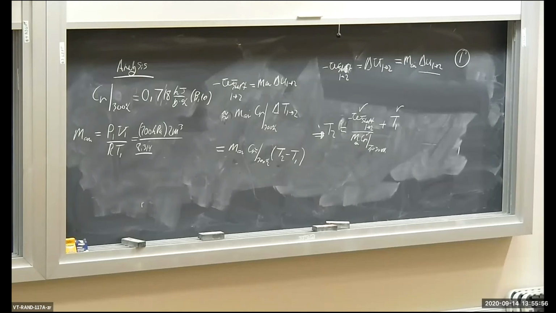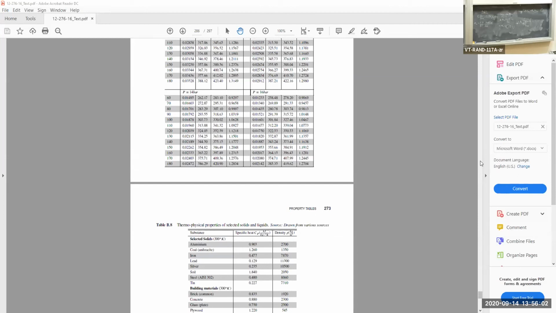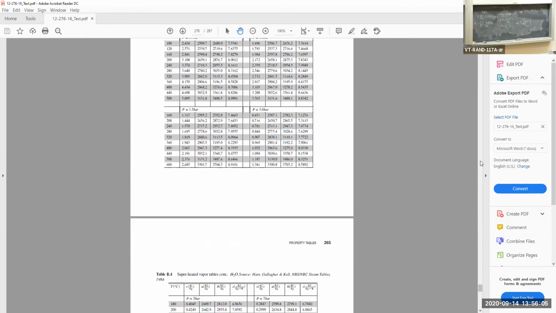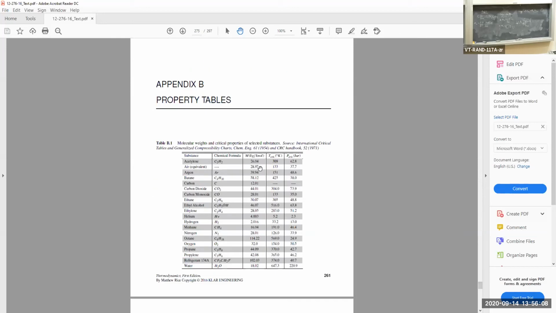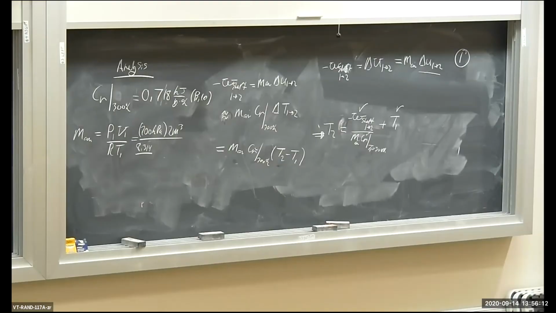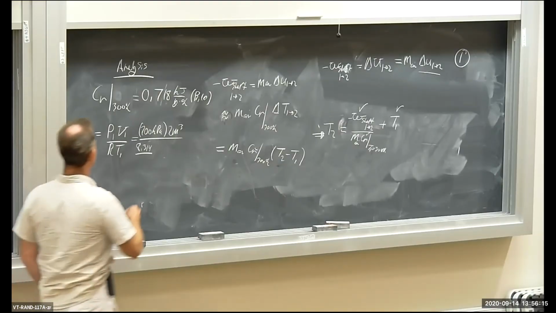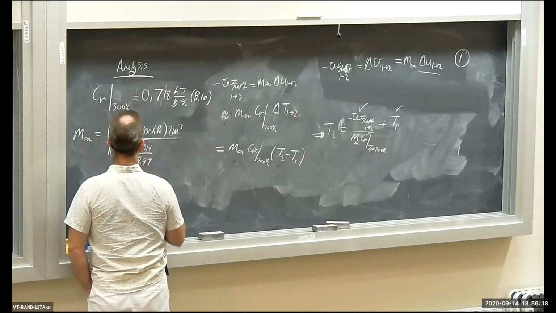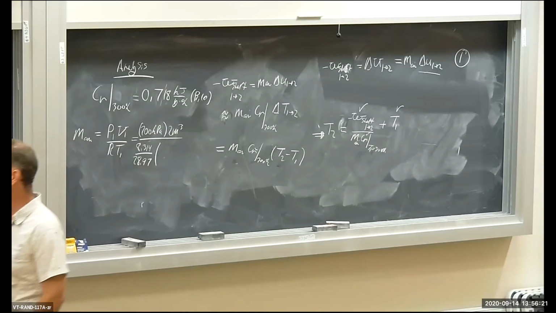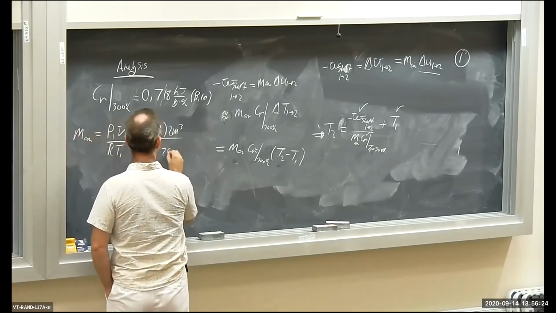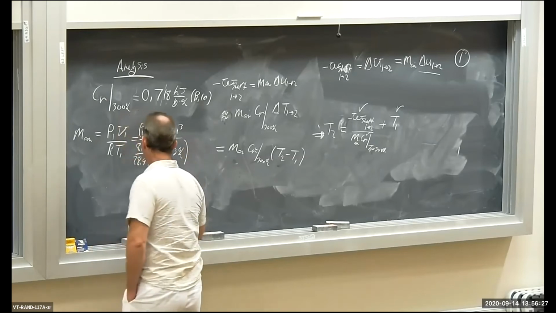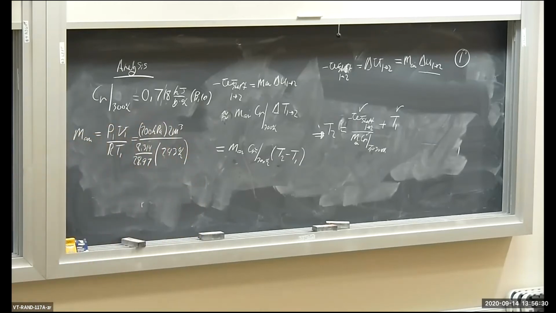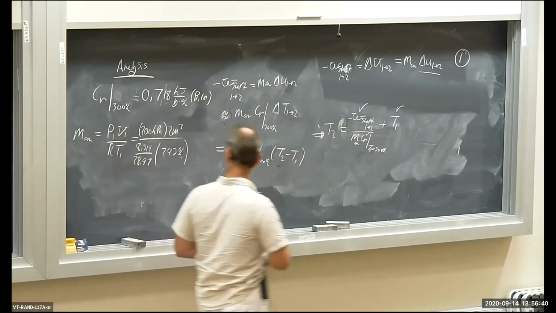Again, let's look up the molecular weight for air. 28.97. And temperature T1 is 293 degrees Kelvin, okay? The units here, everything's in kilo. So the kilos will all cancel out, and we should get kilograms for our unit. I'm not going to go through and do the unit here.